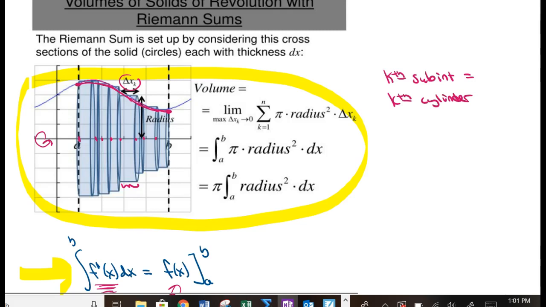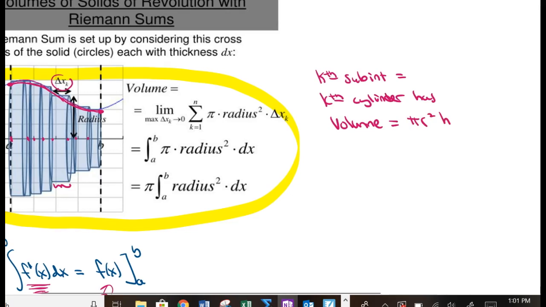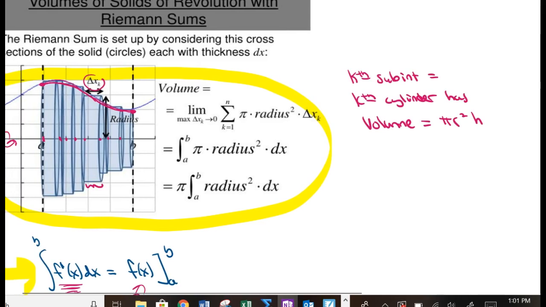The kth cylinder has a certain volume, and what is that volume? It's pi r squared h in general. In this case, h is this distance right here, the height of the cylinder, which is just delta x.